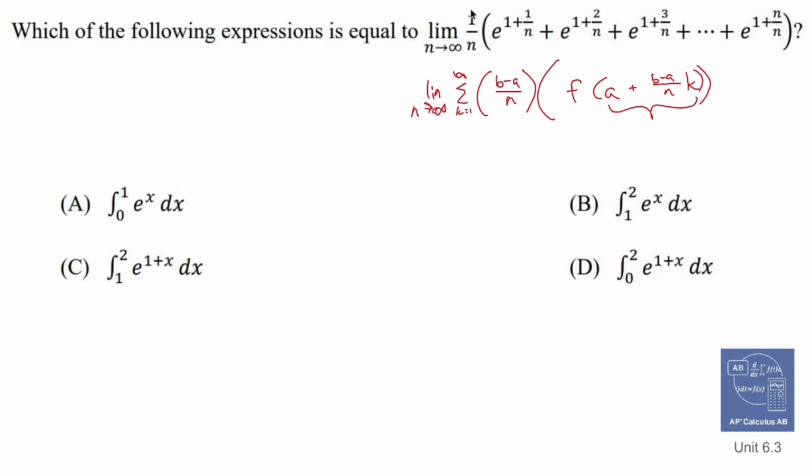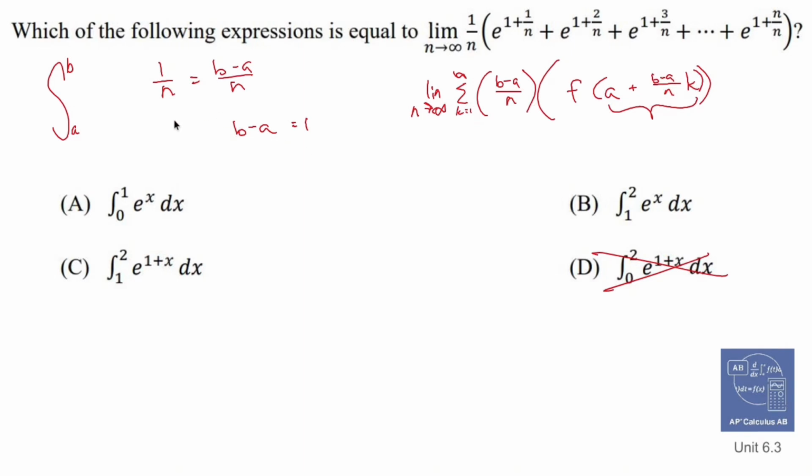When I look at this and I see 1 over n and compare it to b minus a over n, that tells me that b minus a is 1. Remember, integrals look like this; the difference between b and a is going to be 1. So that knocks one option out of the question.